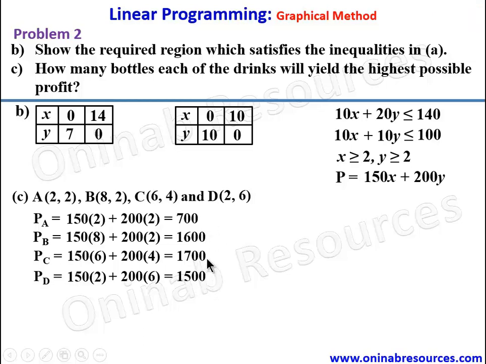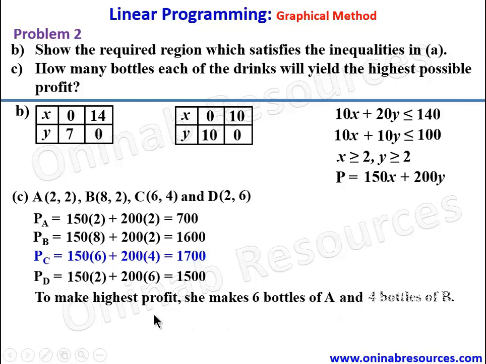You can see the maximum profit here is at P of C. So we conclude that to make the highest possible profit, she makes 6 bottles of A and 4 bottles of B. And that is the end of the solution to problem 2.